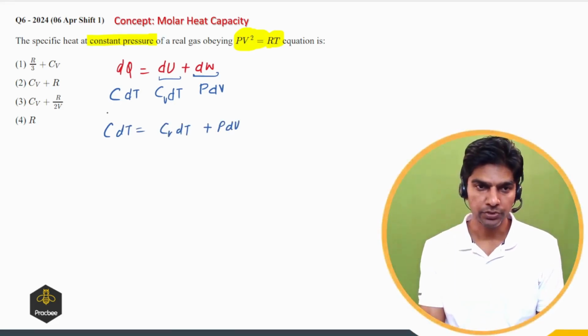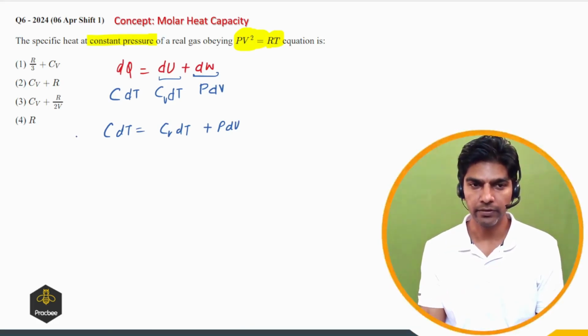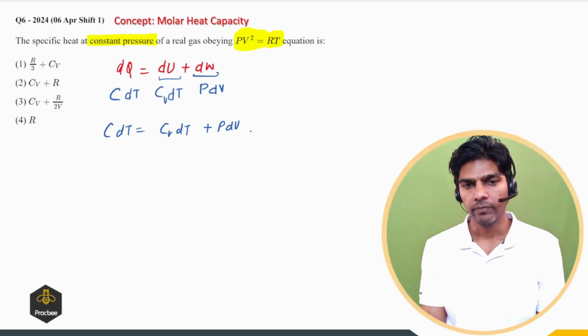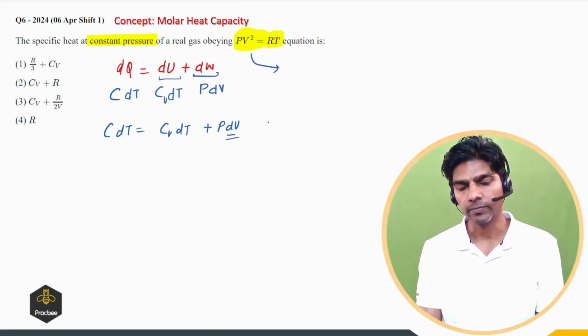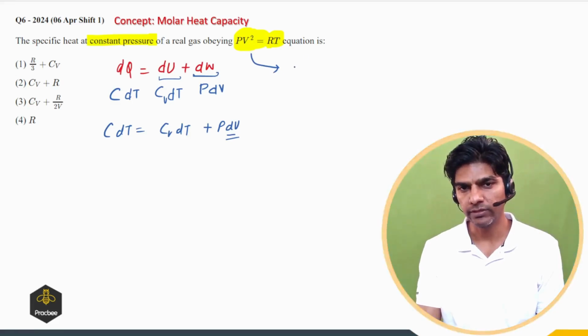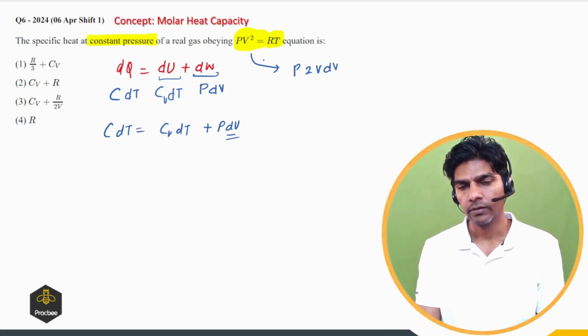And if you look at the options, we have answers in terms of CV and R, and volume is also there, right? So let us try to find the value of dV in terms of dT, because we want to eliminate dT. If I differentiate this relation, pressure is constant, so it will be P times 2V dV, because the differentiation of V² will be 2V with respect to V only.